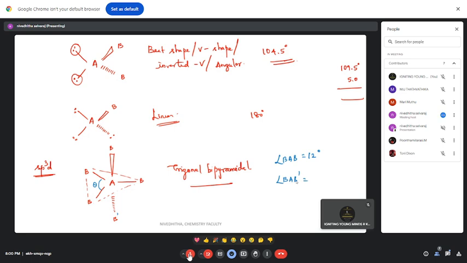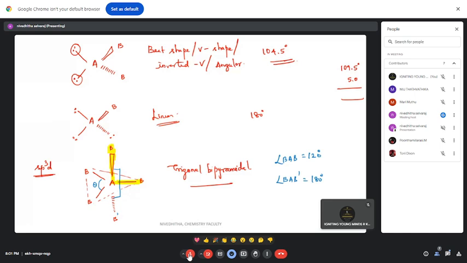It actually seems to be linear, right? Because the central atom is A, which is on the plane, but both the B's are out of plane. One B is above the plane, another B is below the plane. So the bond angle between these is 180. Okay. Then what is the bond angle between B, A, and B?